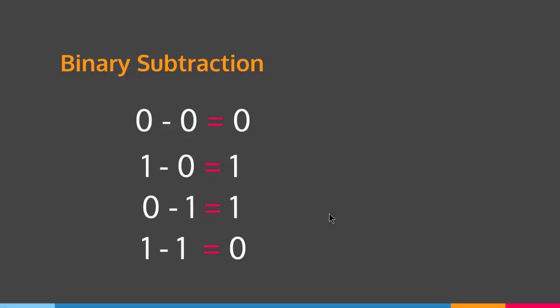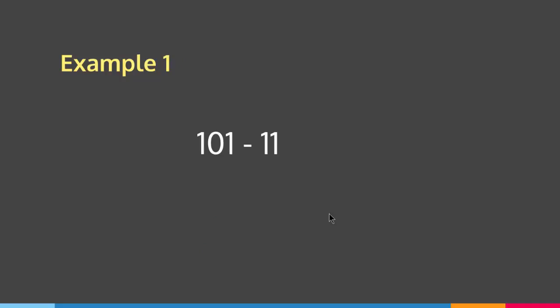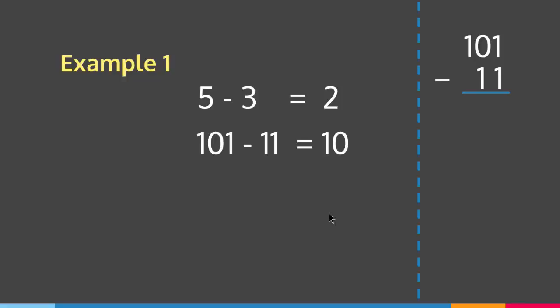Let me give you an example. Suppose you are subtracting 1, 0, 1 from 1, 1. This is equal to subtracting 3 from 5, which equals 2 in base 10, and 2 equals 1, 0. So let's see if we get that when we do the subtraction in base 2. 1 from 1 equals 0. 0 from 1, you cannot subtract, so you have to borrow 1.